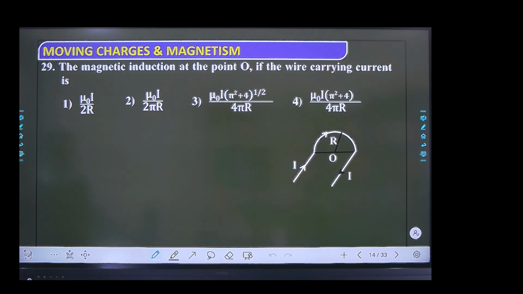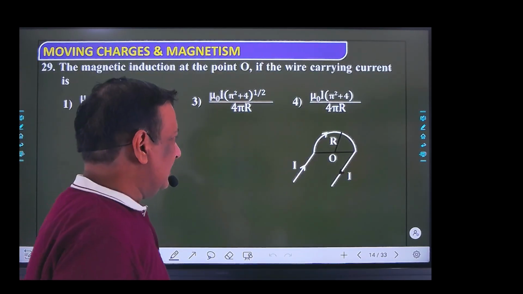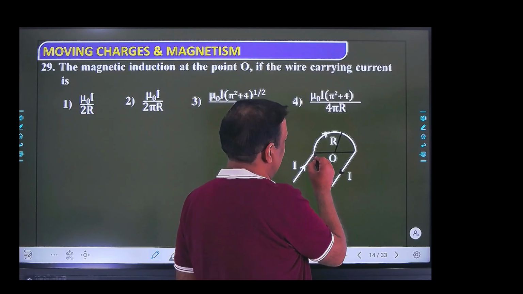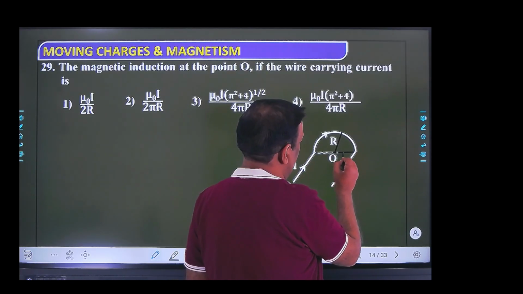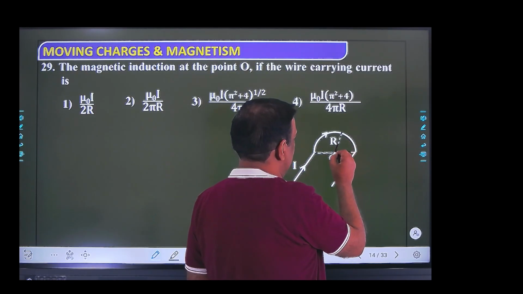The magnetic induction at point O if the wire is carrying current I. तो इसको solve. Magnetic induction बताना है इस point पे। Dead center.